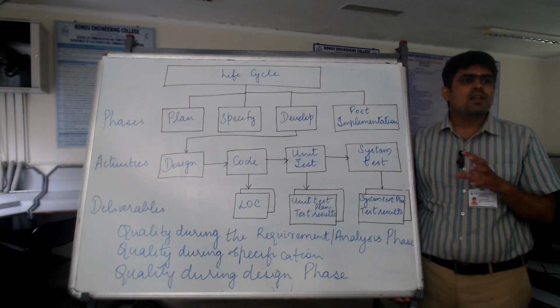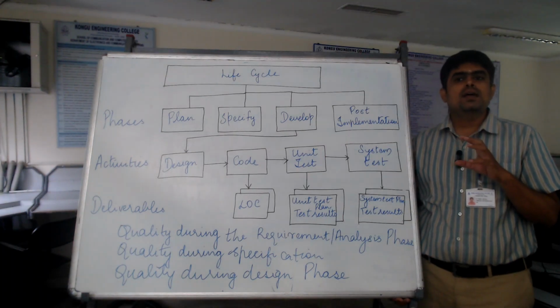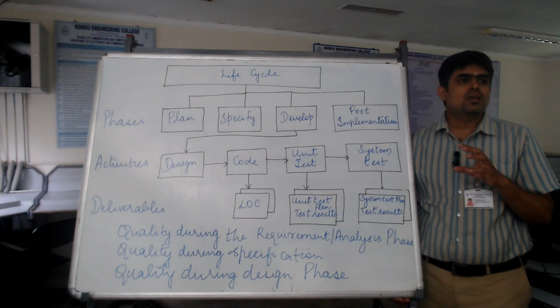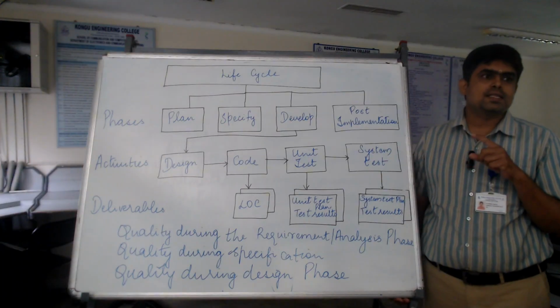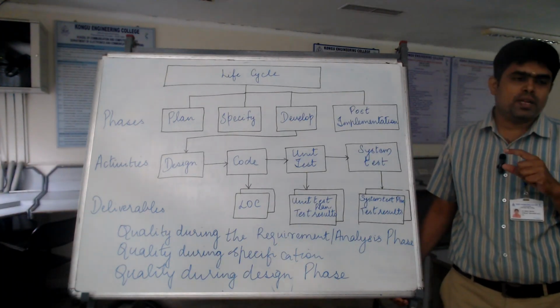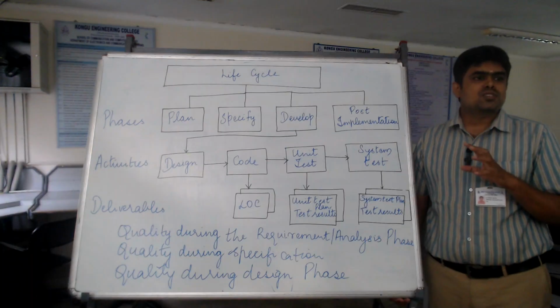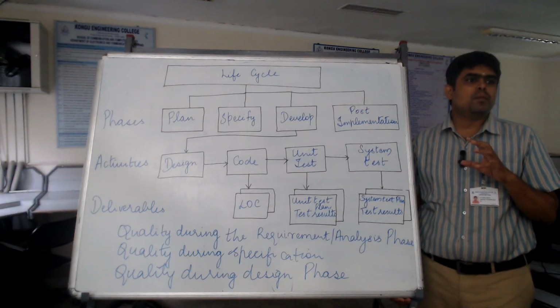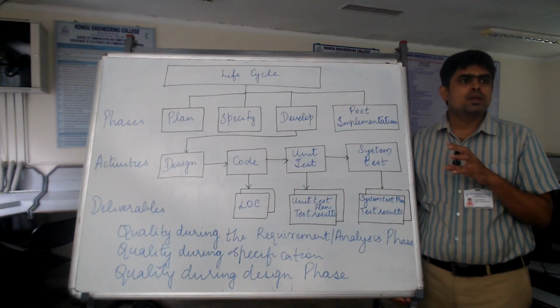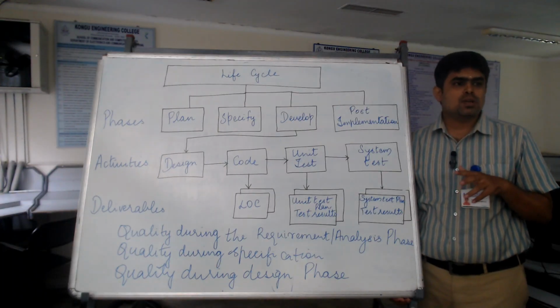So there are several metrics that can be used during the design stage. One is cyclomatic complexity, the second one is coupling, and the third one is cohesion. In structural design, a large system should be partitioned into manageable modules. The first one is coupling and the second one is cohesion.